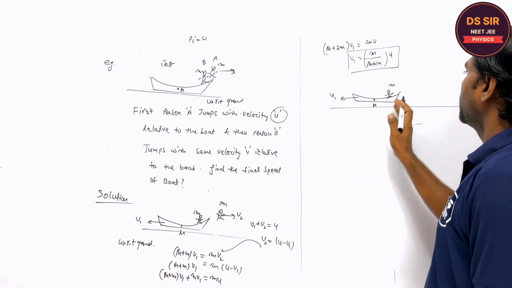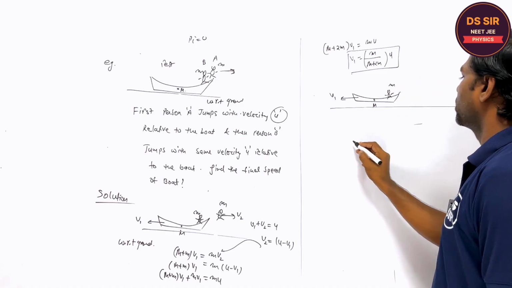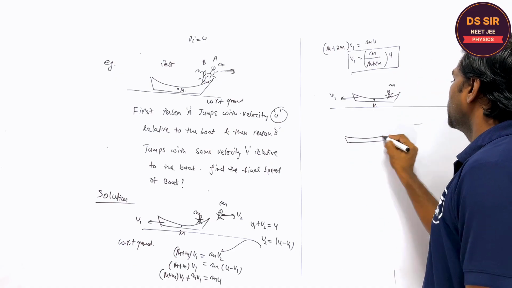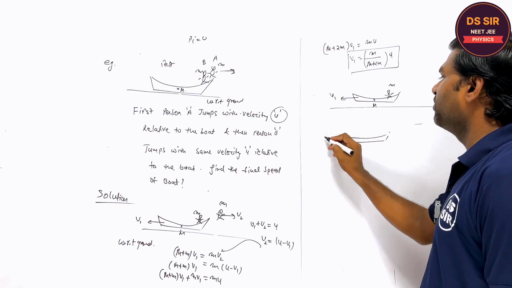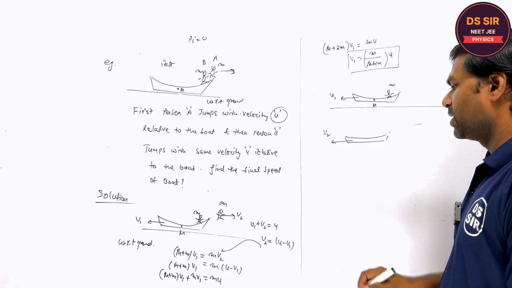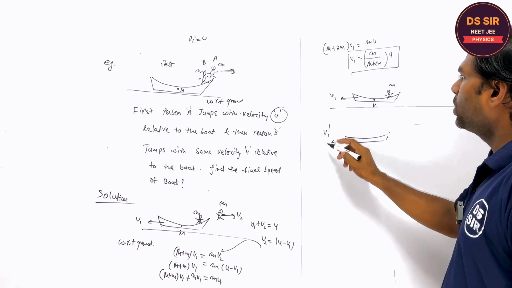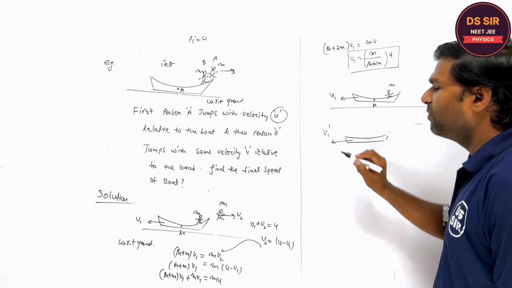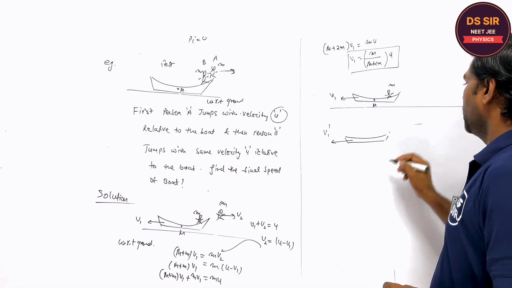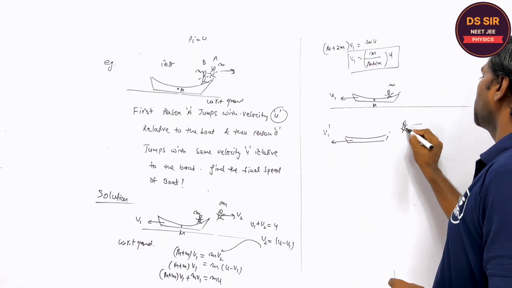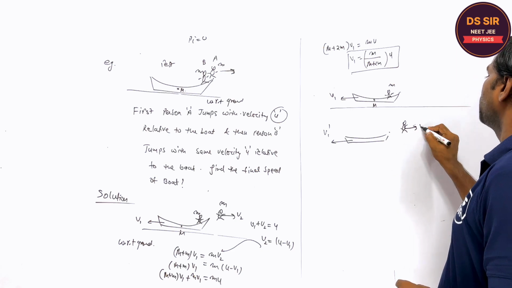Now if he jumps in this direction, so what will happen? The boat speed will be v1 dash. You tell me v1 or v1 dash will be greater if this person jumps with the speed, suppose v3.